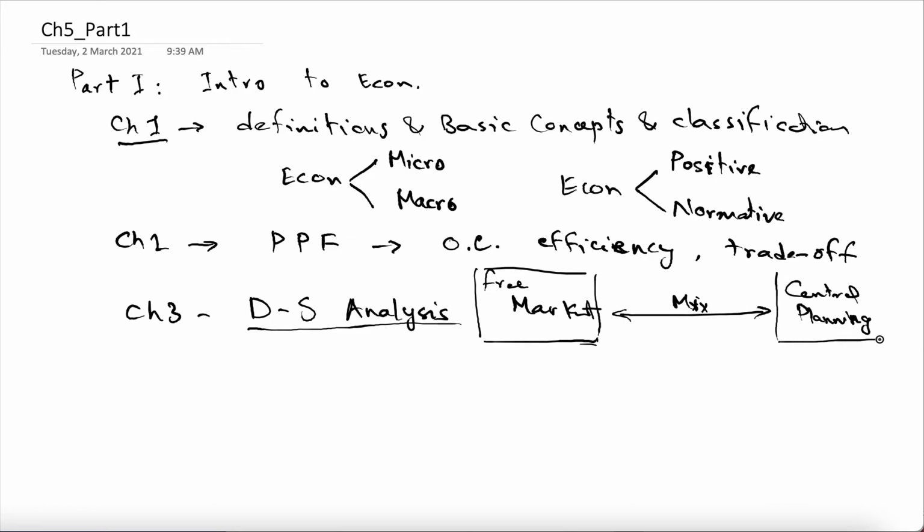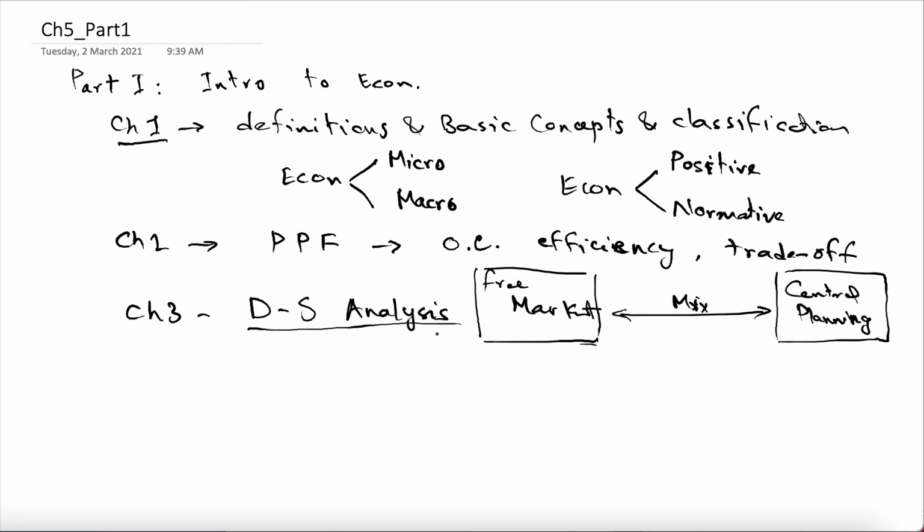In chapter 4 we give a glimpse of ways that government may actually tap into the actions of the free market, like price ceiling, price floor, or taxes or subsidies, but we didn't cover that.